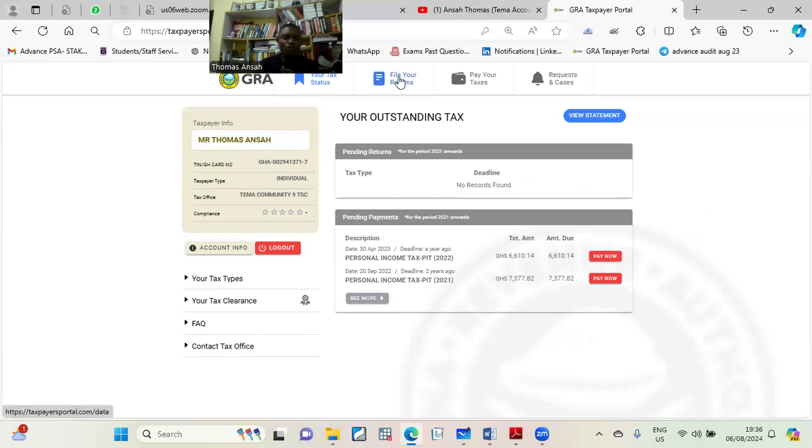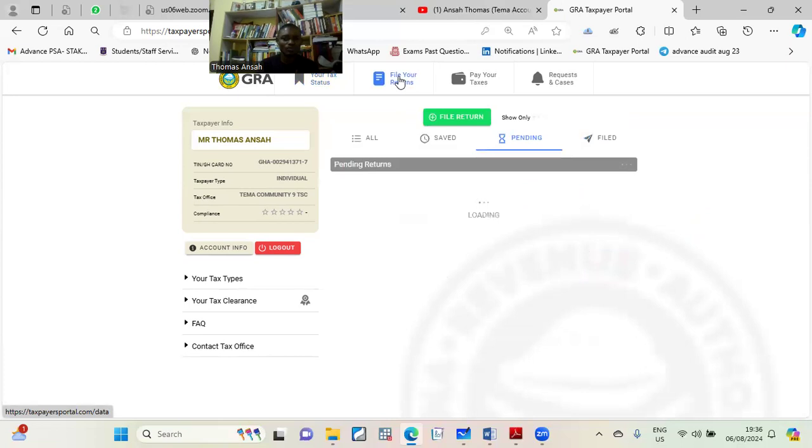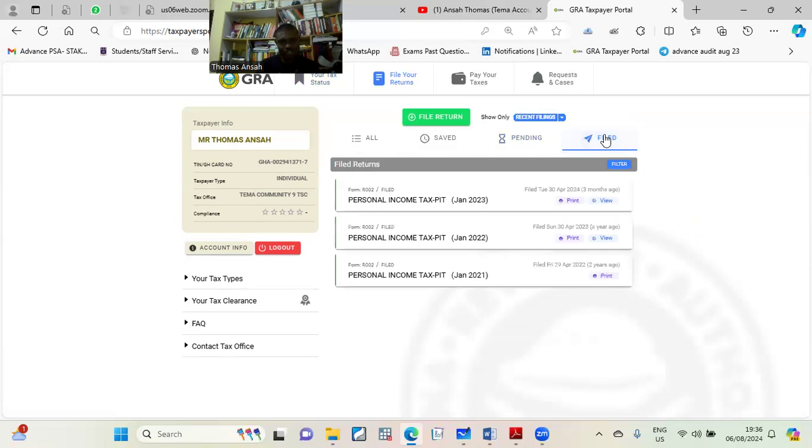I've been doing it for people and I forgot my own. So penalties might probably be accruing for me personally. But you see, I filed my taxes. I have filed my PIT for 2023. I filed for 2022. I filed for 2021. So actually, I did my filing.